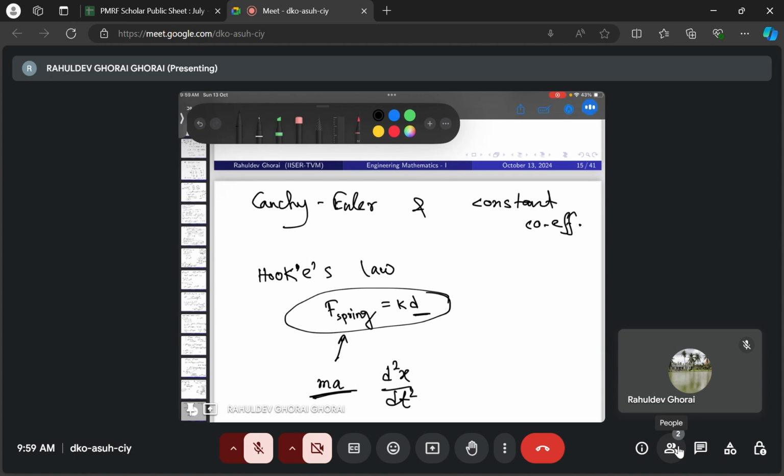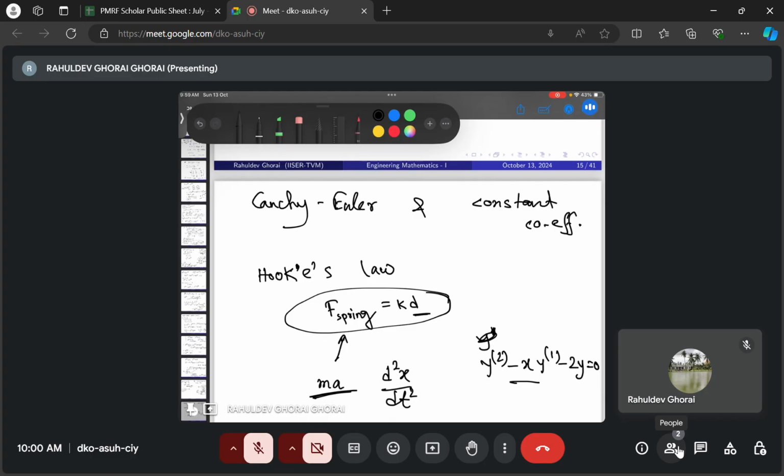You can solve it easily. Let's say you have a differential equation like y'' minus xy' minus 2y equals 0. How do you solve it? This is not constant coefficient, and it's not Cauchy-Euler either. So for those you have other methods.